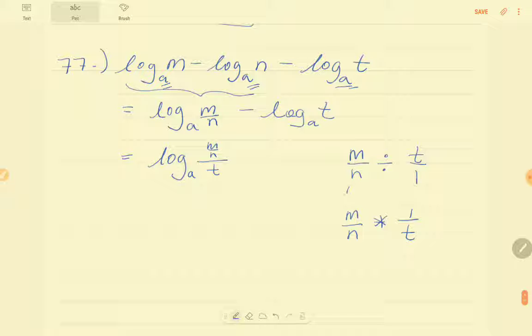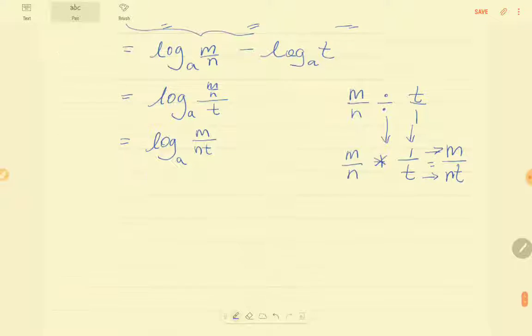Remember, change, flip: keep the first fraction, change the sign to multiply, and flip the second fraction, and then you multiply straight across, so you get m over nt. So my final answer here is log base a of m over n times t. That was number 77.